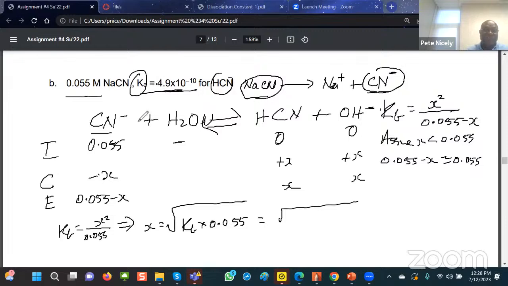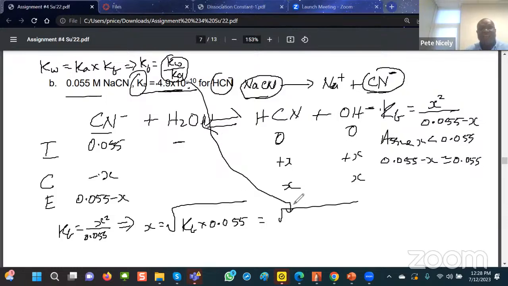do not have Kb for the conjugate base, but we have Ka for the acid, which is 4.9 times 10 to the minus 10. Now remember we said that Kw is equal to the product of Ka for the weak acid multiplied by Kb for the conjugate base. So therefore, we can say that Kb is equal to Kw divided by Ka. And we can put that value right here. So here we're going to put Kw divided by Ka, multiplied by 0.055.